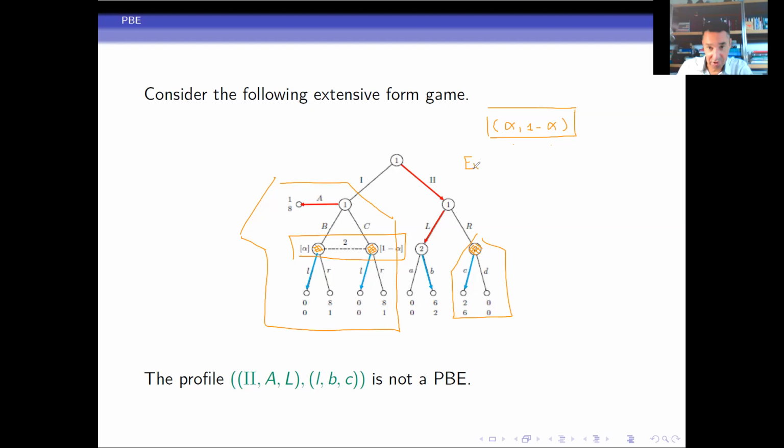Just to give you an idea of how that works: if this is your belief, so you think that you are in the left node over here with probability alpha, and with probability 1 minus alpha you are in that node, then what is your expected payoff if you choose L? Well, with probability alpha you are over here, and then you would move over there and your payoff would be 0.